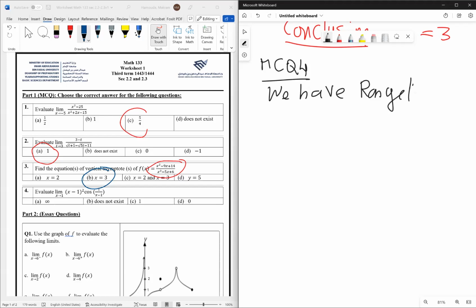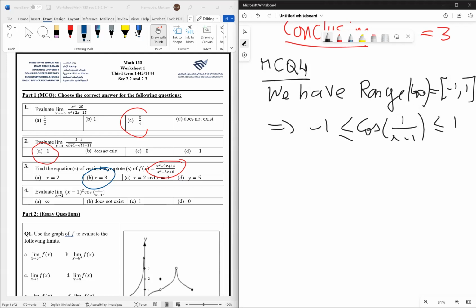Then I can put any cosine between minus 1 and 1. In particular, cosine 1 over x minus 1 is between 1 and minus 1. Now we will multiply by x minus 1 squared, which is non-negative. Okay, so I can multiply the inequality without changing anything.